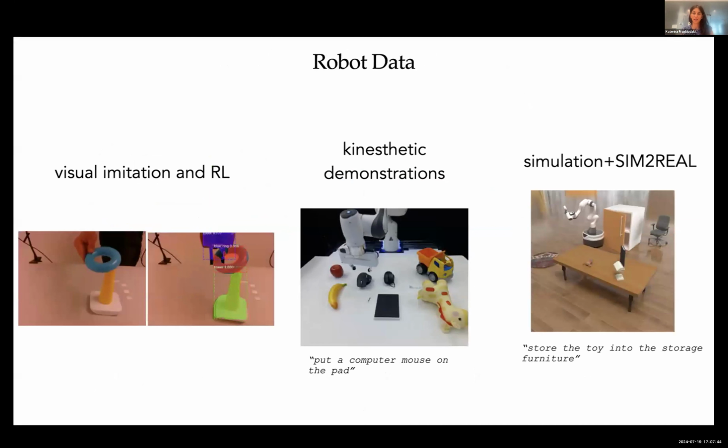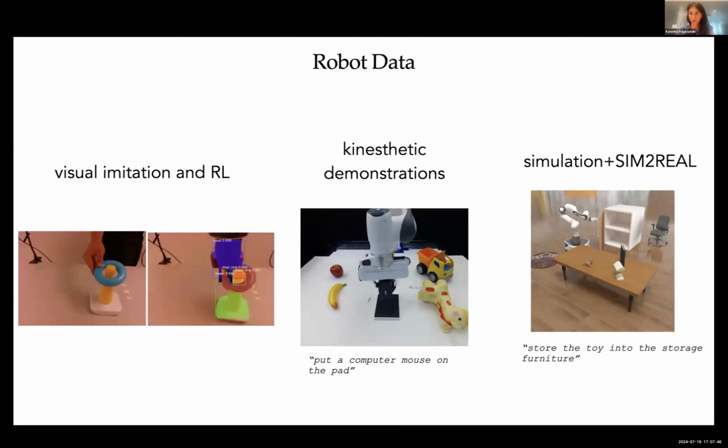Before we discuss what we can do, one thing is to see where the training data from robots can come from. My favorite way of collecting data for robotics would be visual imitation. You're just watching some humans doing the task, and the robot imitates it using few-shot or reinforcement learning.